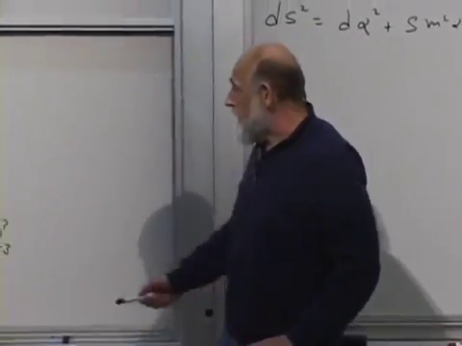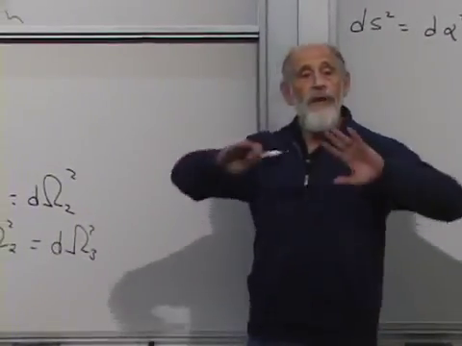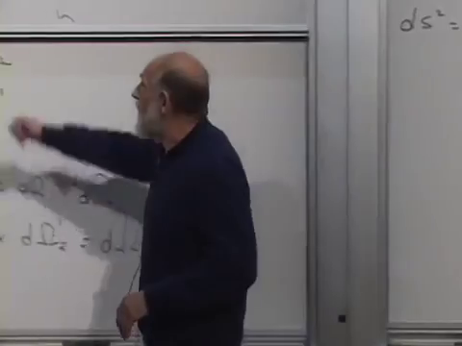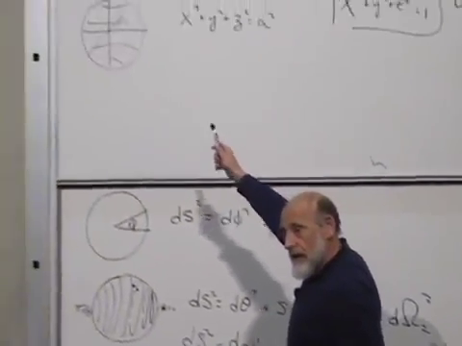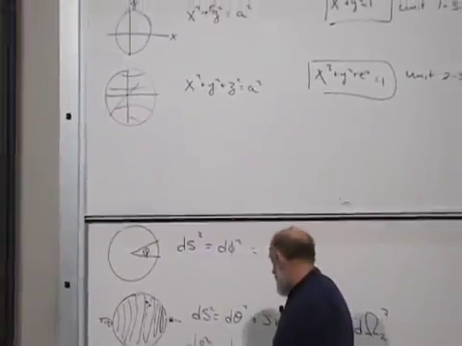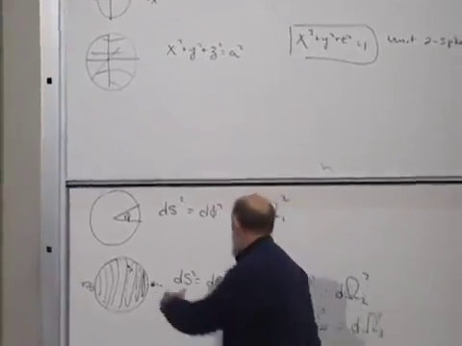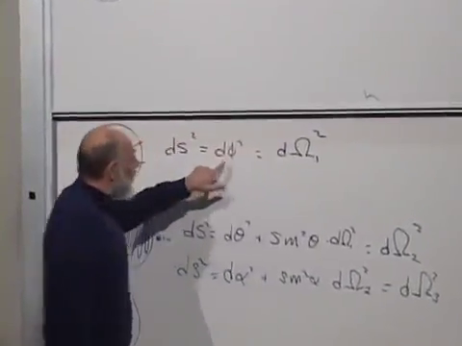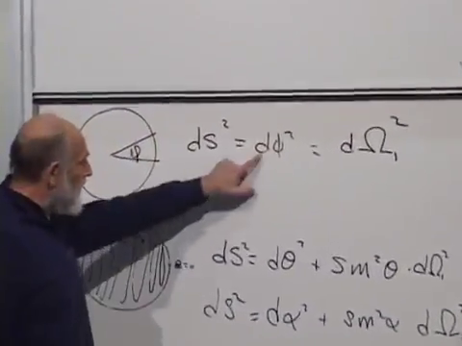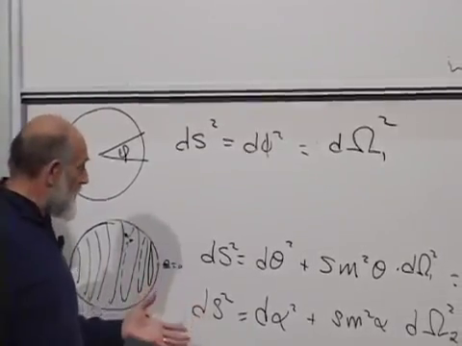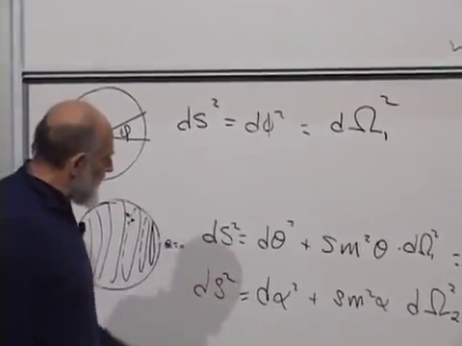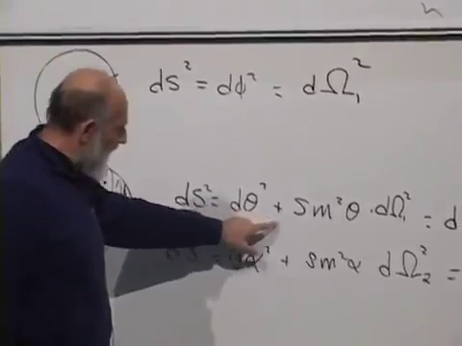Once you think of it this way, you can forget the crutch of how it's embedded in the higher dimensional space. Notice that the one sphere is described by one variable, one coordinate, phi. You don't need x and y. The 2 sphere is described by 2 coordinates, theta and phi.